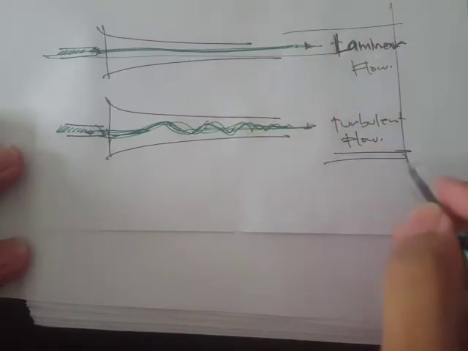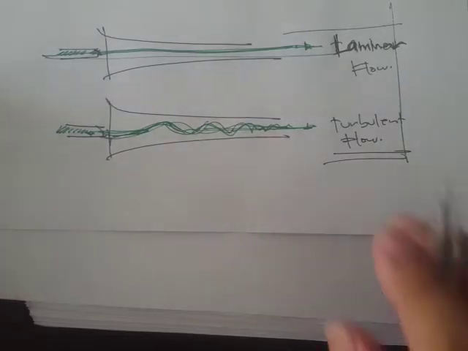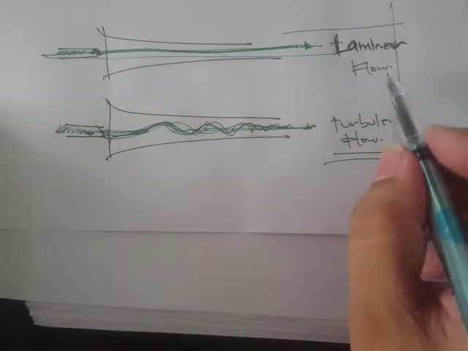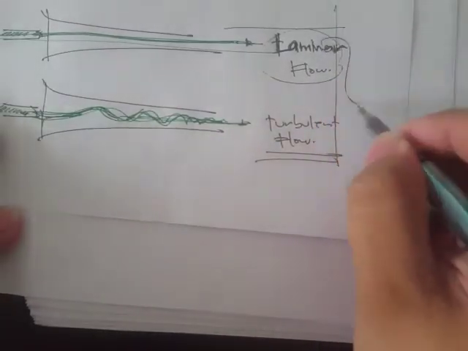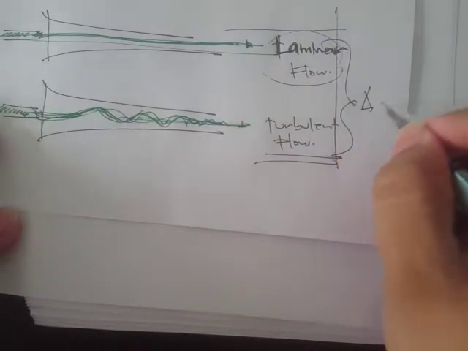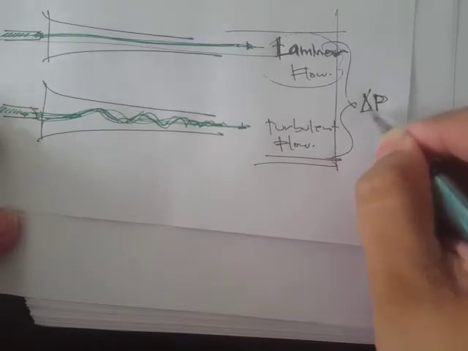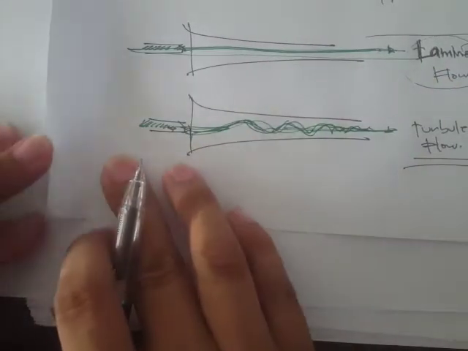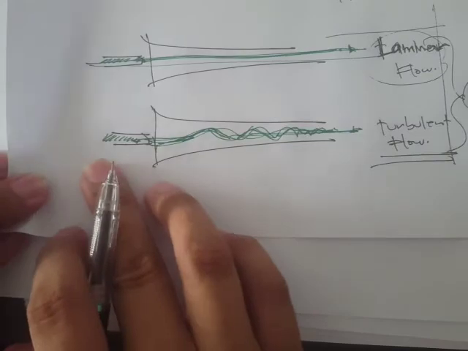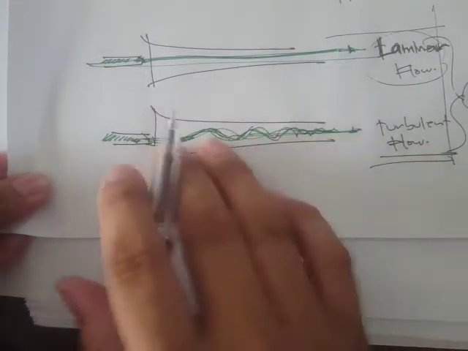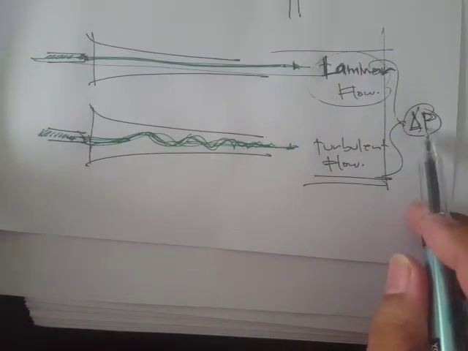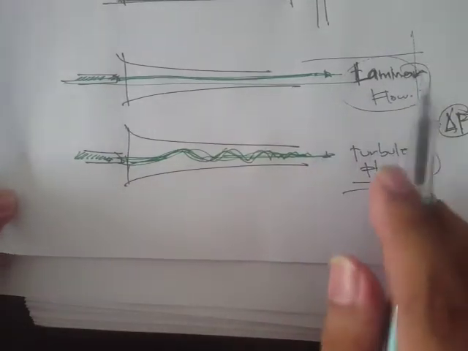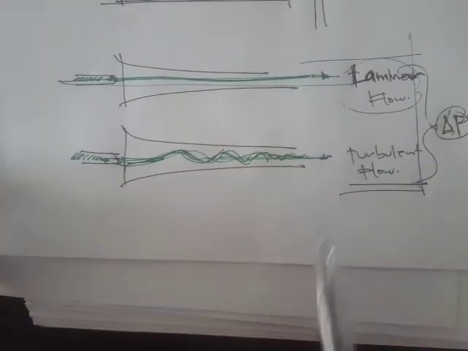Why is it important to determine whether the flow is laminar or turbulent? It's because these are related to the pressure drop. If you have a turbulent flow, then of course you have a lot of eddies, a lot of friction, and therefore an increase in the pressure drop. But if your flow is laminar, then you have less friction.